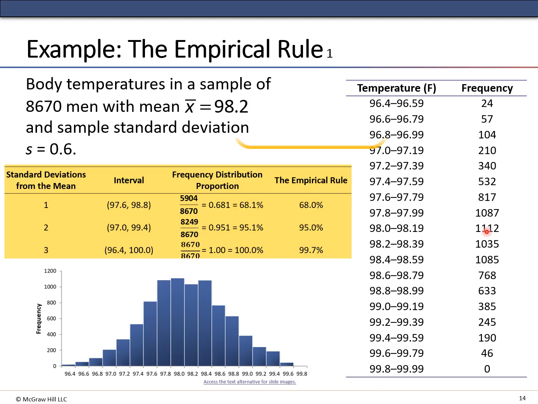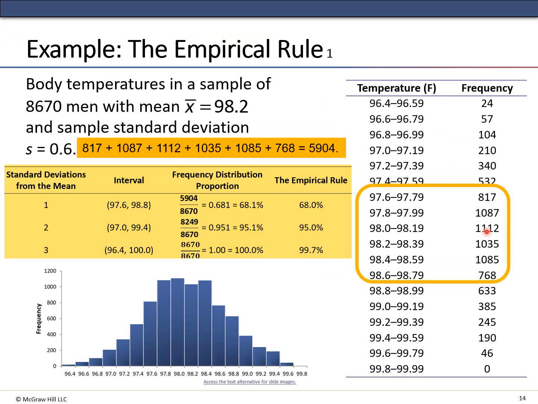If we add up all those values, we get 5,904, divide it by the total number in the population, and we can see that we actually got 68.1% of the data.